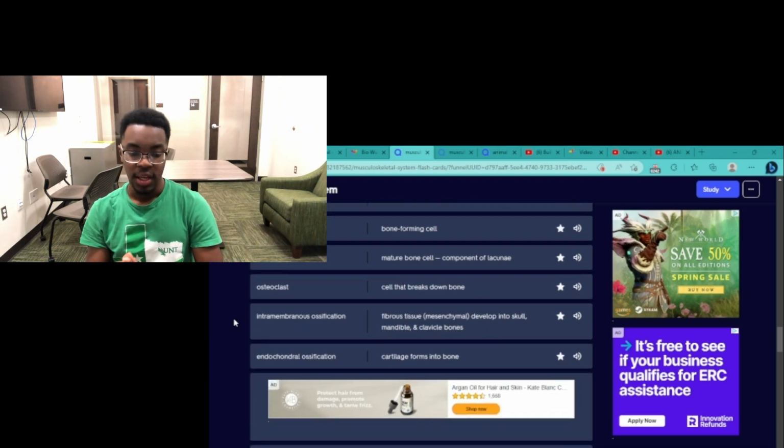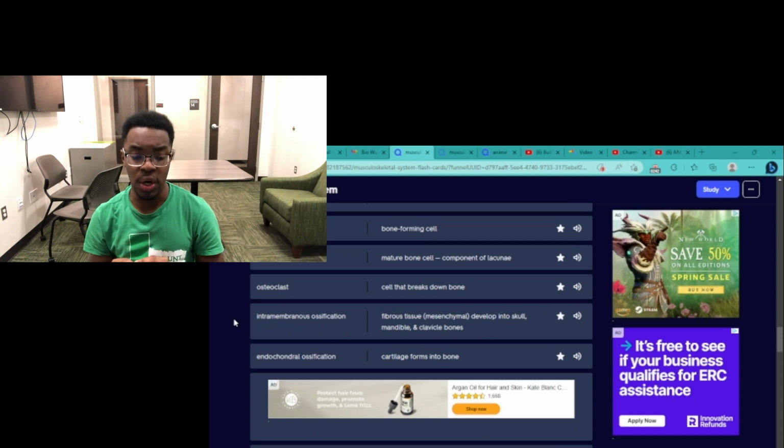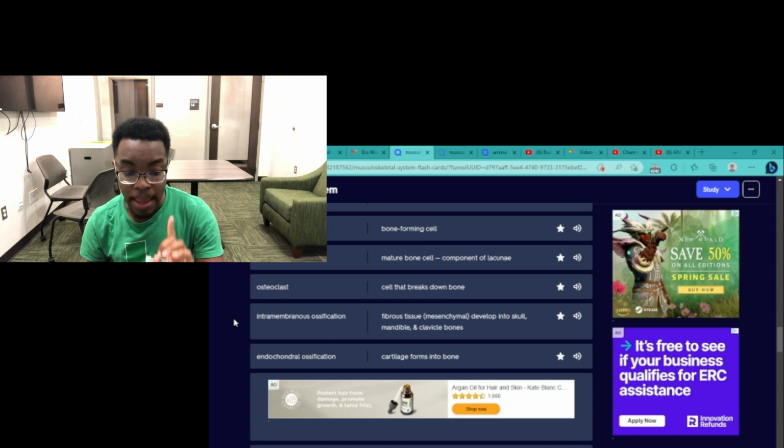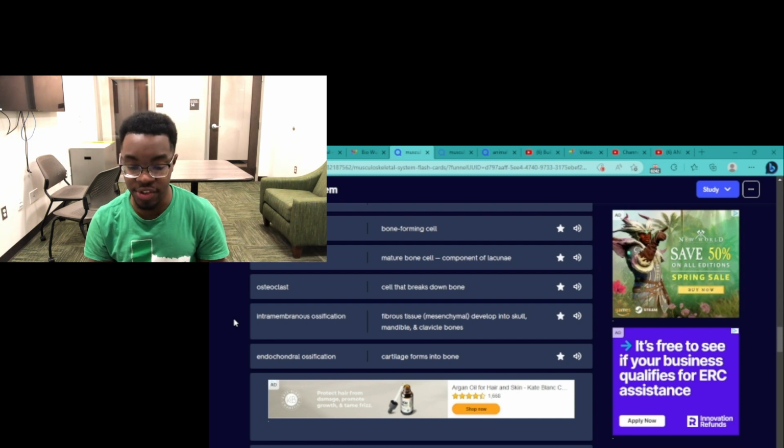So next, a really big and long word. The intramembranous ossification. This is a fibrous tissue, the mesenchyme, that develops into the skull, mandible, and clavicle bones.